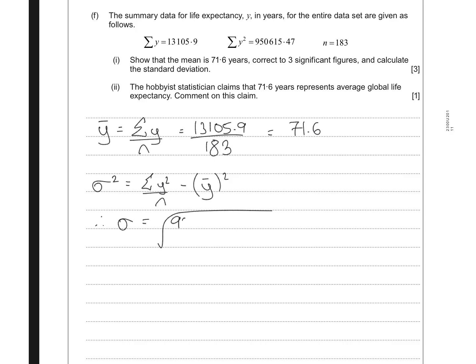So let's start putting the numbers in. 950,615.47 over 183 minus the number that we just found, 71.6 squared. And if you do all the typing into your calculator, you should get 8.1. Okay, so we've shown the thing that we want and we've worked that out.